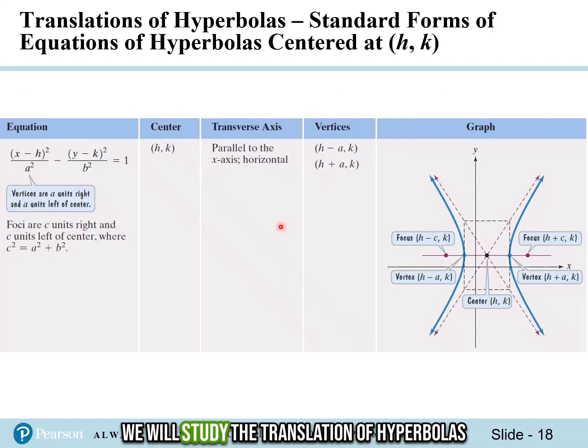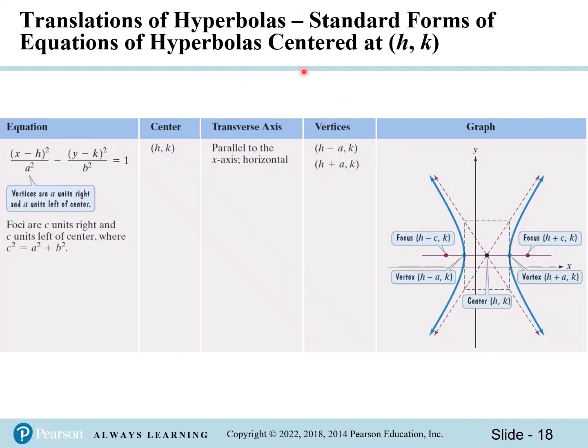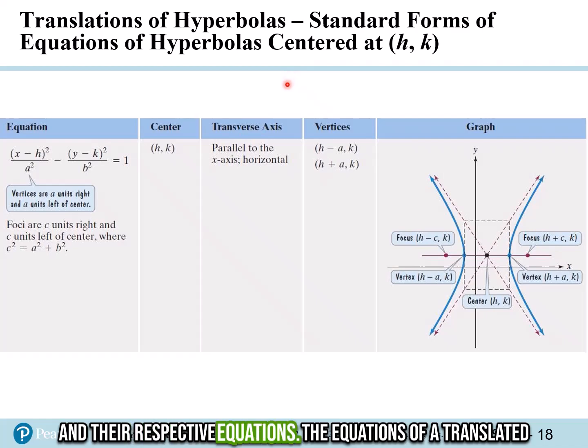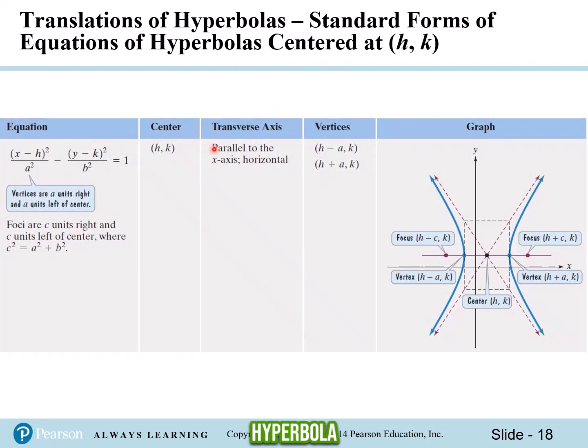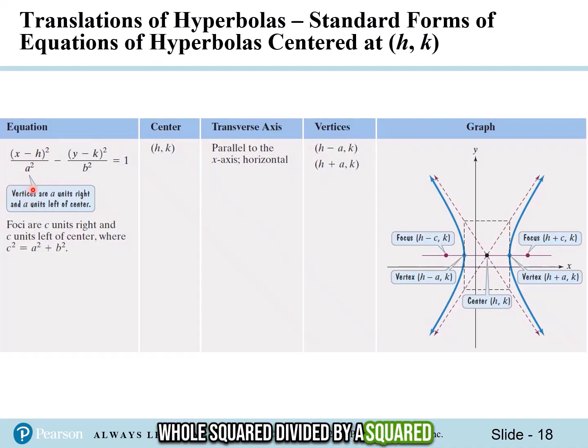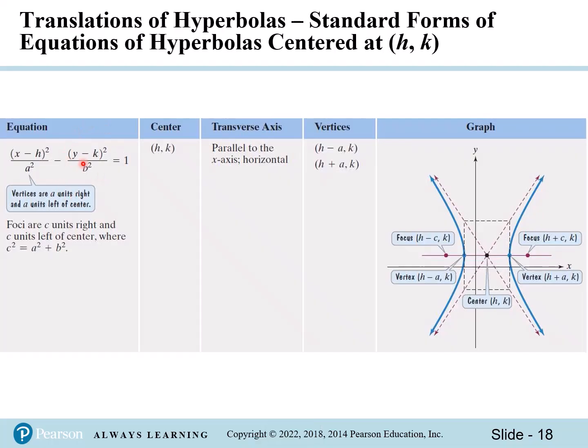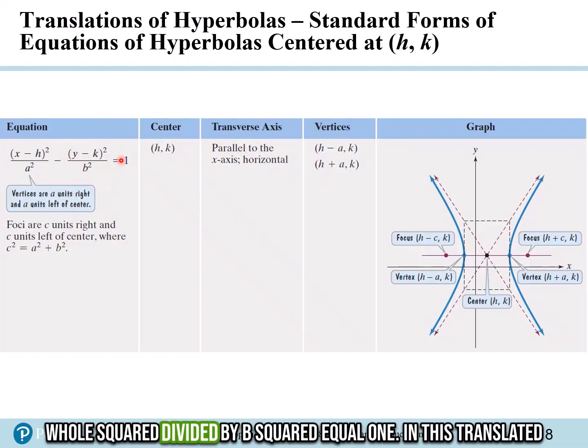Now we will study the translation of hyperbolas and their respective equations. The equation of a translated hyperbola is given by x minus h whole squared divided by a squared minus y minus k whole squared divided by b squared equals 1.